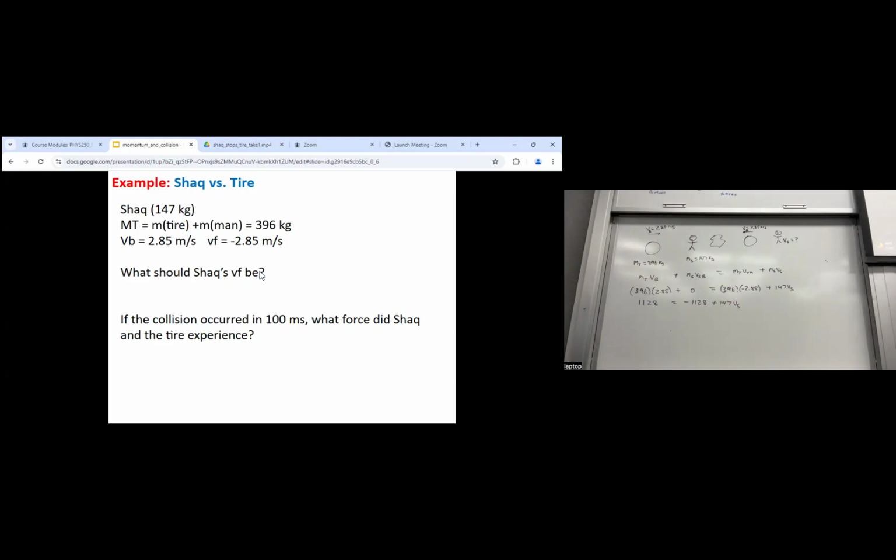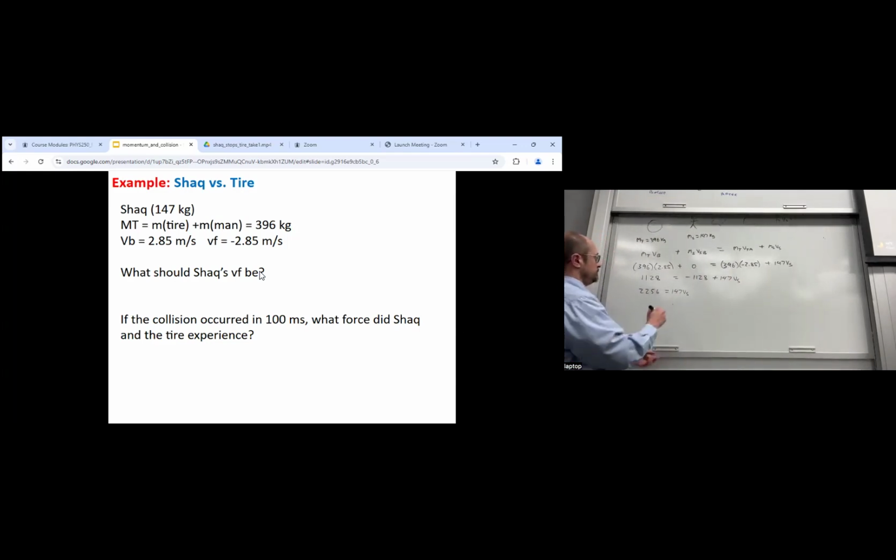Okay? So notice that we're going to add this over. This is 2,256 equals 147 velocity Shaq. This 2,256, that is the change in momentum of the tire. We're going to come back to this in just a second.